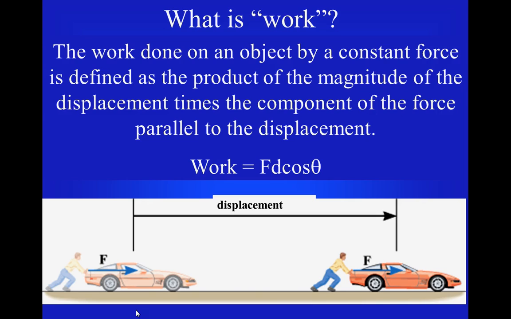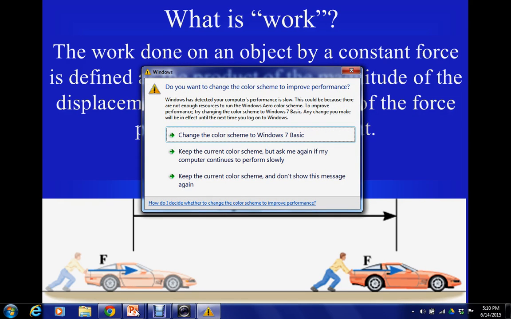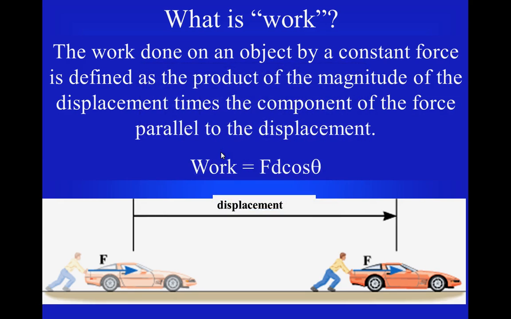So what we have to do is take cosine theta, the angle between the force and the displacement of the car. Since the car is only allowed to move in the positive x-axis, and some of the force is in the positive x and some is in the negative y, then we would have to make sure that we're just using the component of the force that is in the positive x.